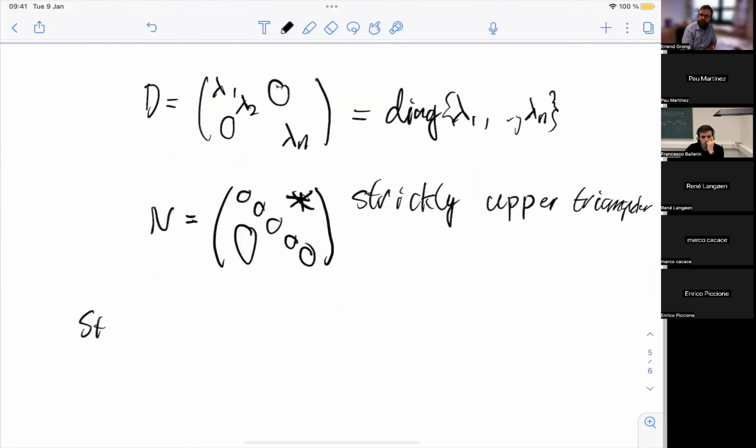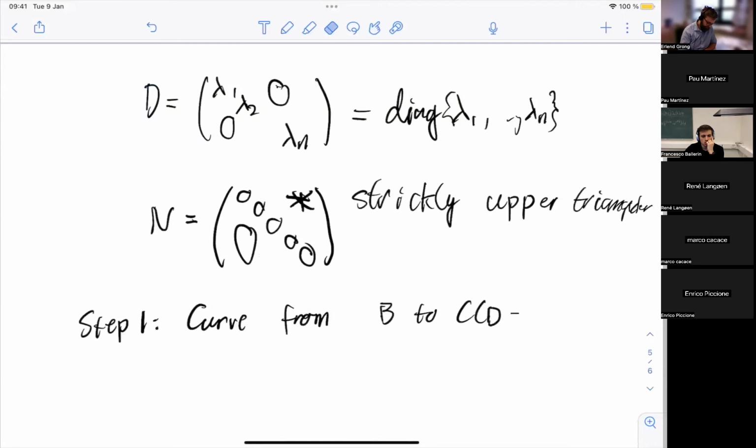So then I can do step 1, curve from B to C D D C inverse.